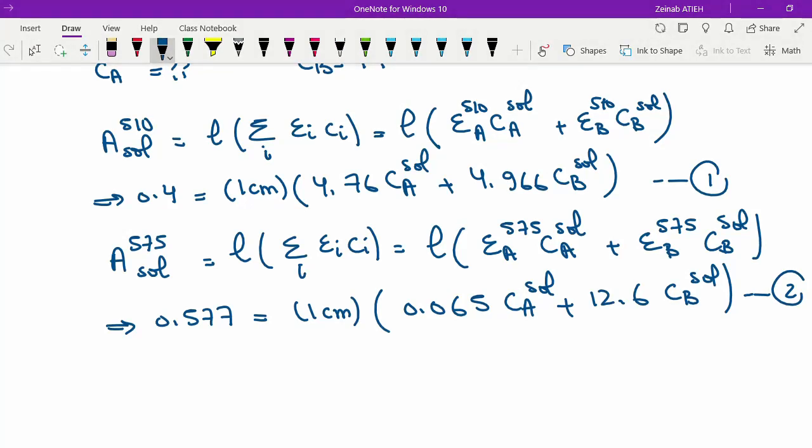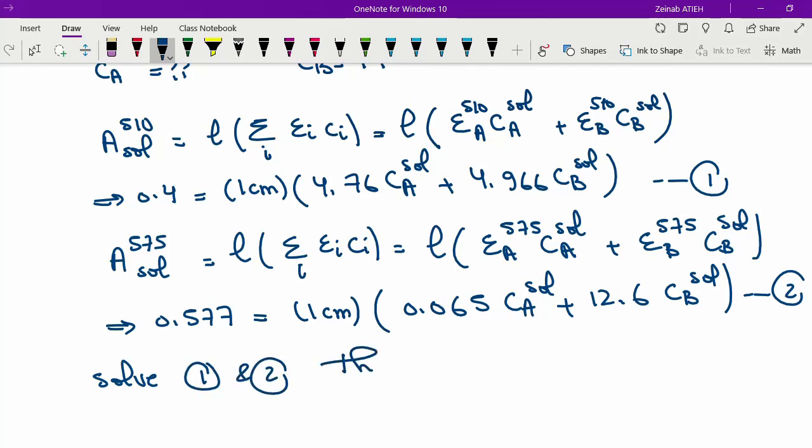So we have two equations, two unknowns. Use your calculator to solve them. No need to make an effort. You can just use your calculator, enter the coefficients, and you will find the answers. So solve 1 and 2.